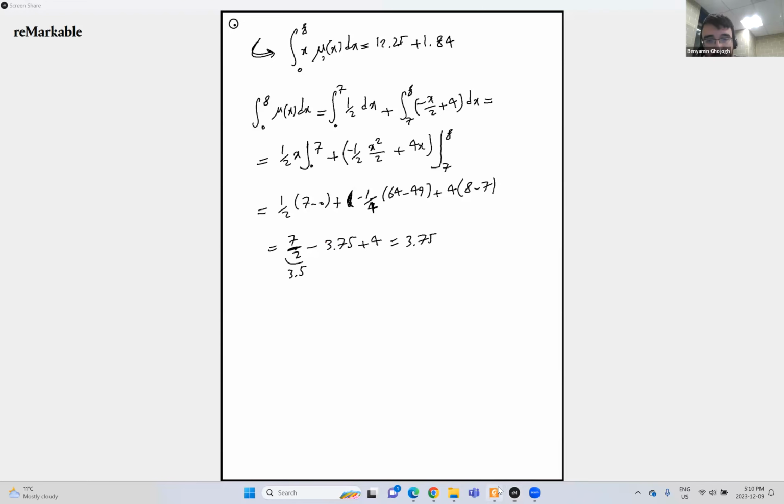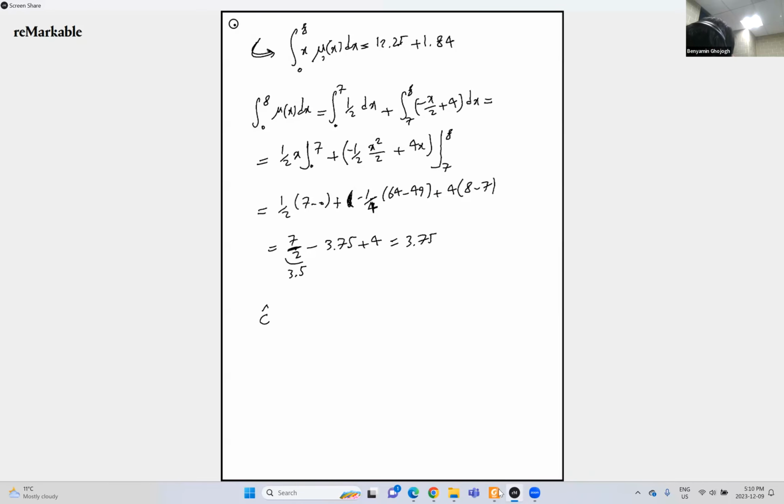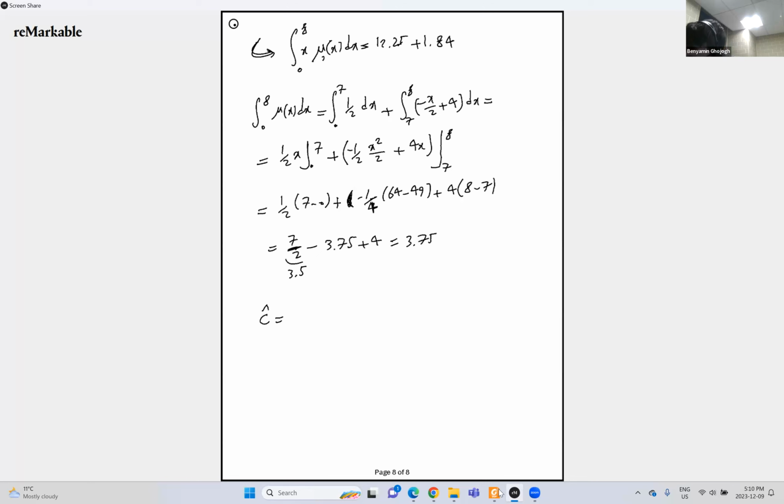So now the total formula, equation 4, c hat, or whatever we call it, is... what was that? Oh, I didn't sum them up, I guess.